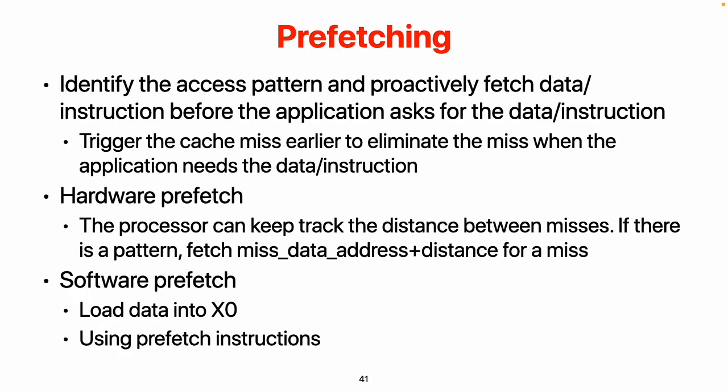So that's the idea of prefetching. Prefetching is the idea that either through software or hardware, you try to identify or guess the access pattern and then fetch data or instructions before the application asks for it. That's prefetch. So there are two types of prefetch. One is the hardware prefetcher.